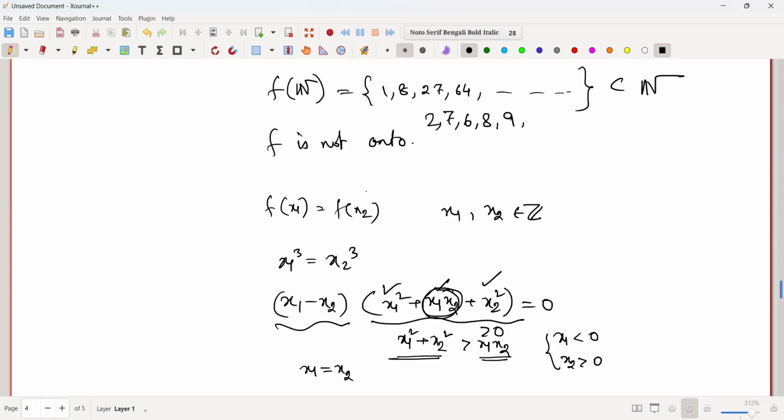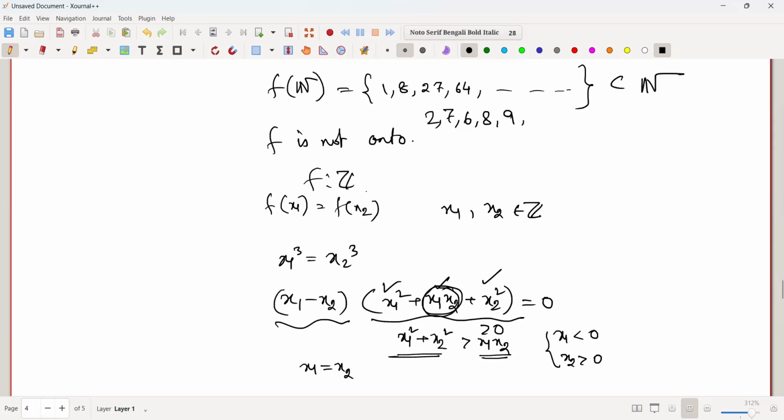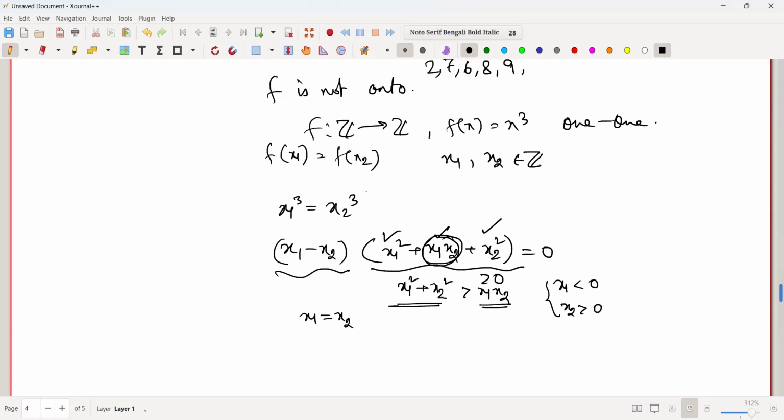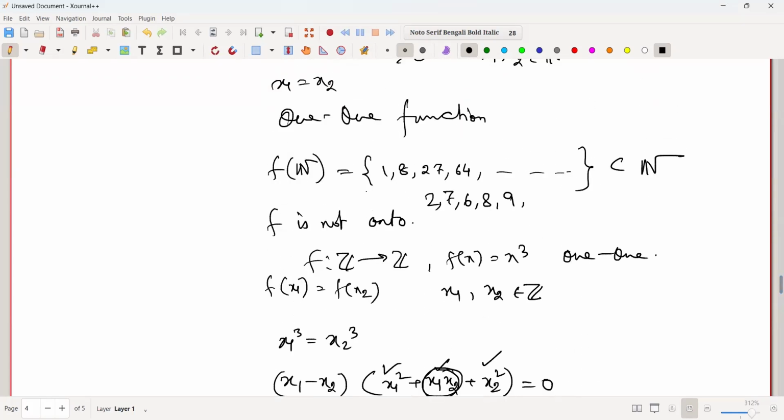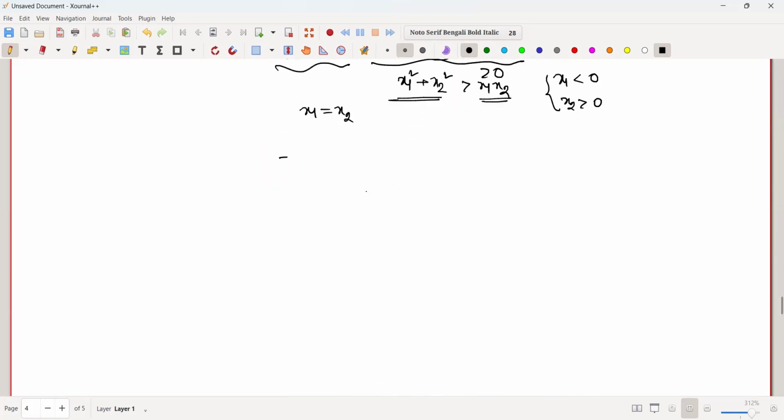That means this f from Z to Z, f(x) equal to x cube, is one-one. And here also the same argument we used for the natural numbers, why it is not onto, carries over for Z. Same problem: minus 1 whole cube is equal to minus 1.